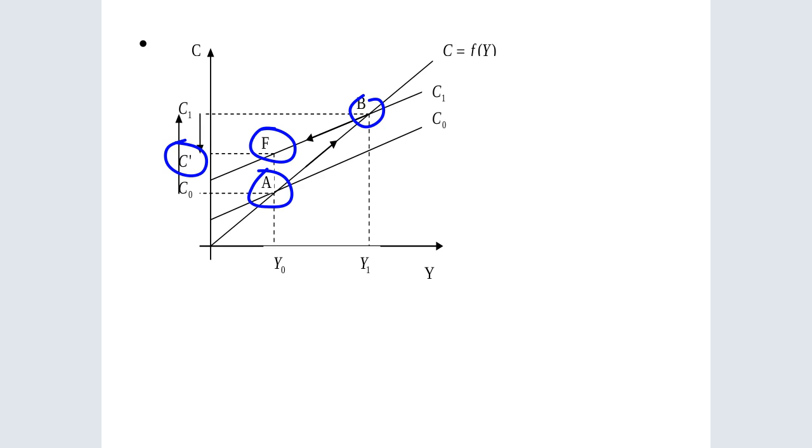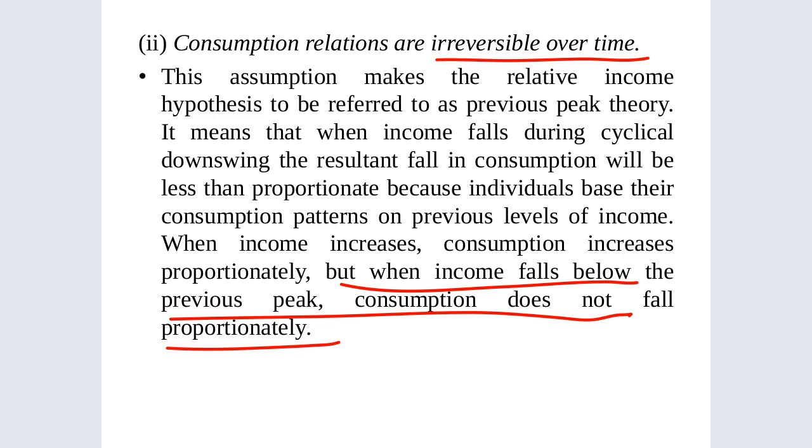That is what the assumption means: consumption relations are irreversible over time. If income increases, consumption is expected to increase, but if income falls below the previous peak, consumption does not fall proportionately.